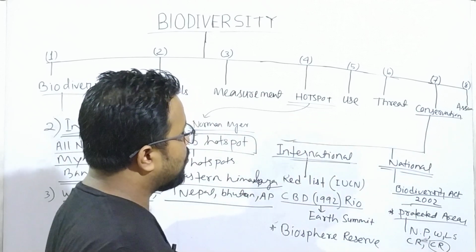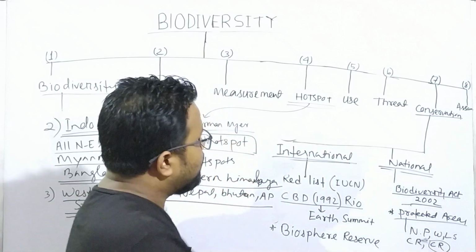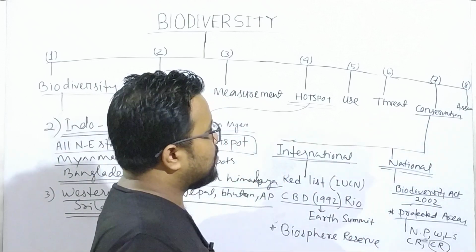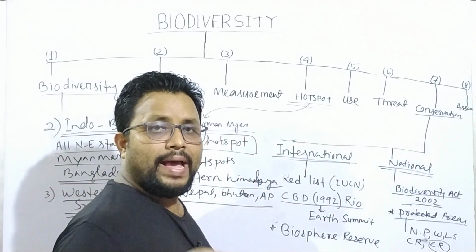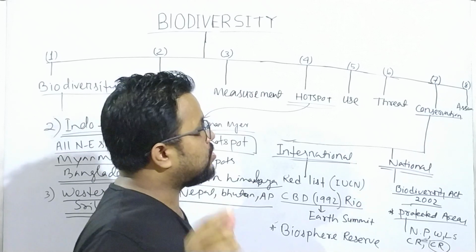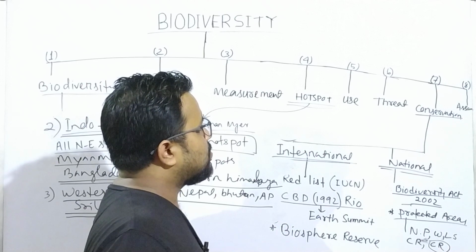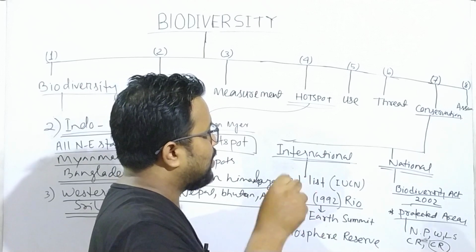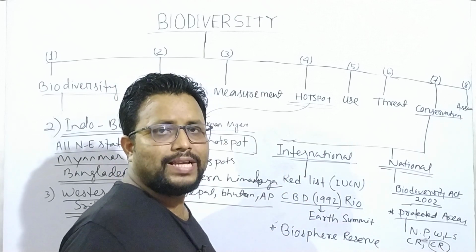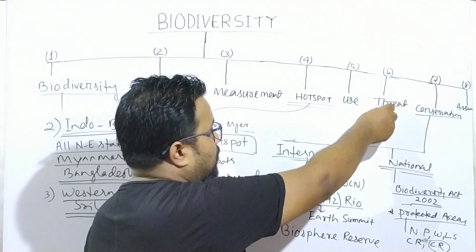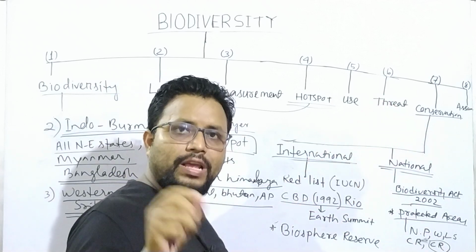Next, move to threats. One of the major threats to biodiversity is habitat destruction, because of many reasons, like industrialization and change in river course, that lead to destruction of natural habitat.